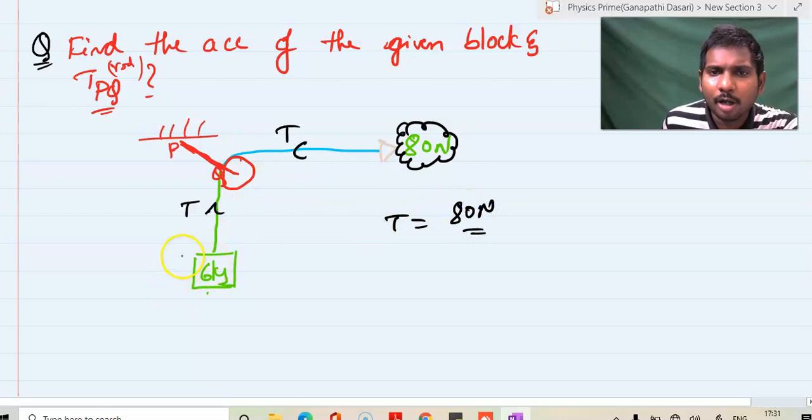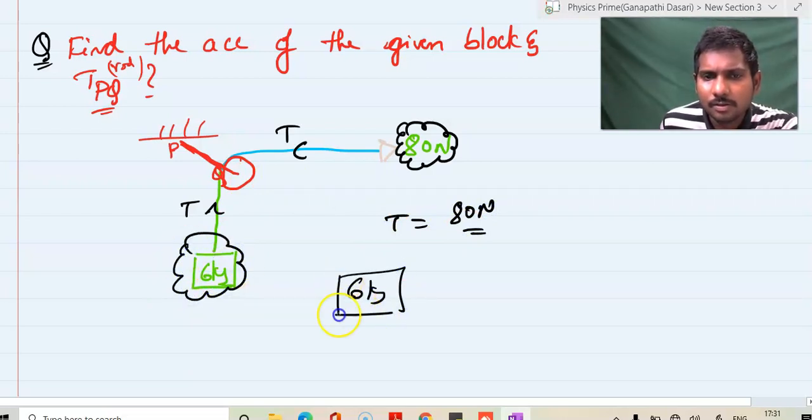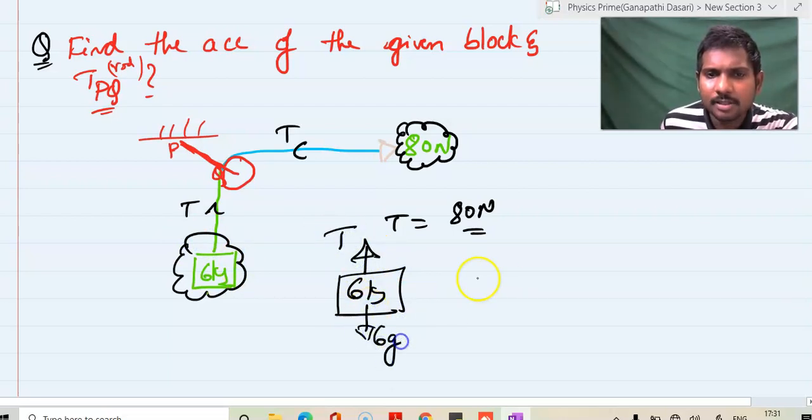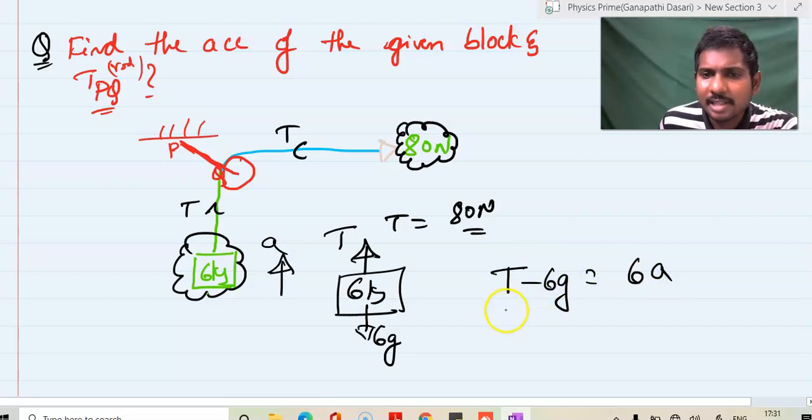If we draw the free body diagram for the 6 kg block, the tension will be upwards, 6g will be downwards, and the acceleration will be going upwards. So T minus 6g is equal to 6 into a. T is 80 newtons. 80 minus 60 is equal to 6 into a.